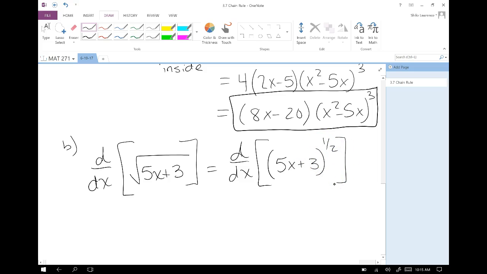And then it's easier to see that the outside is a 1/2 power. We're going to have to do power rule to start with, and then we'll multiply by the derivative of the inside stuff. When you do the derivative of your outside, you leave your inside alone.